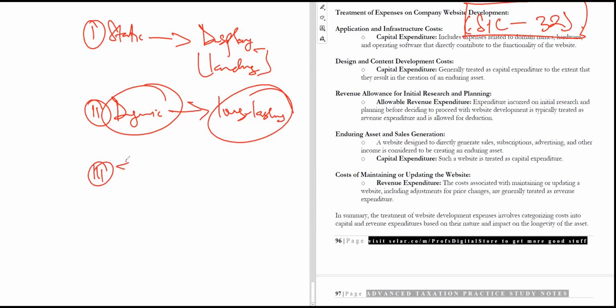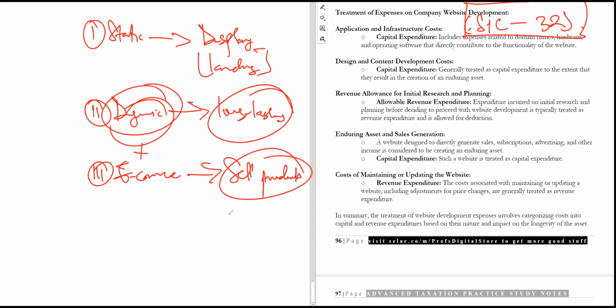Then the third type of website we have nowadays is e-commerce sites. You can have a combination of all three on one site. But nowadays you can have dynamic or e-commerce sites where you sell products or services in there. So these are basically the types of websites you have in this digital era.